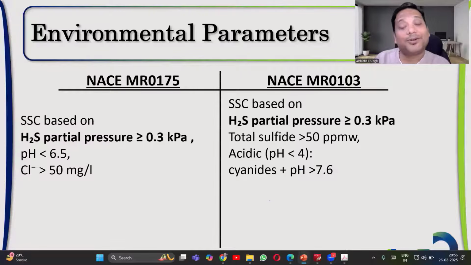But here, not only partial pressure, but also the sulfide in the liquid or the service fluid is given. That is 50 ppm in terms of weight. That is the sulfide which is there in the liquid condition, while the partial pressure is in the gaseous state.